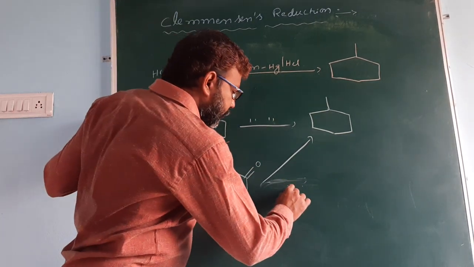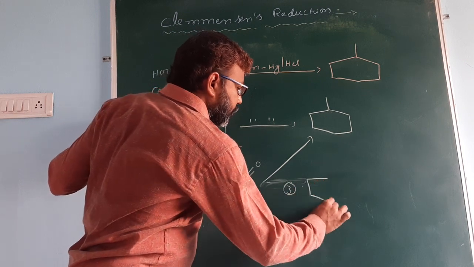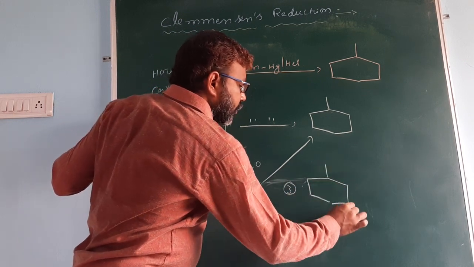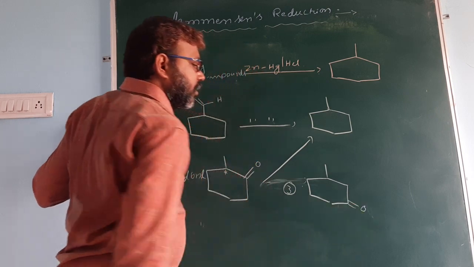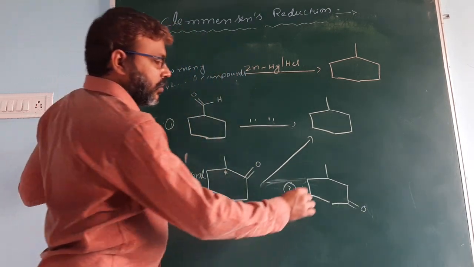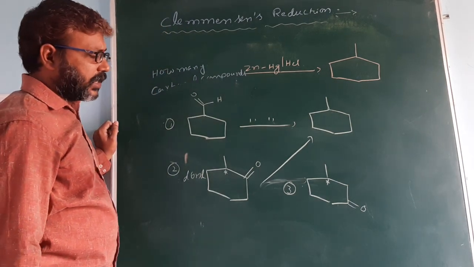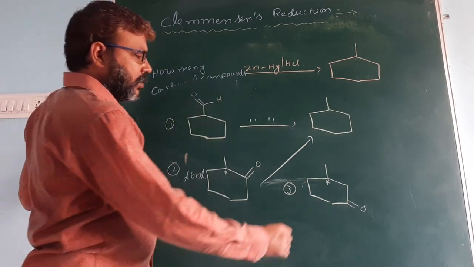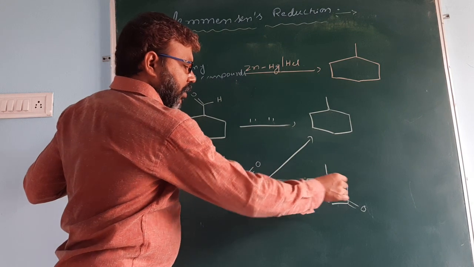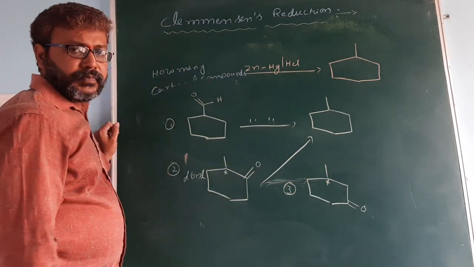So third one, 3-methyl cyclohexanone. It is also chiral. It is also optically active because the carbon is bonded with 4 different groups.